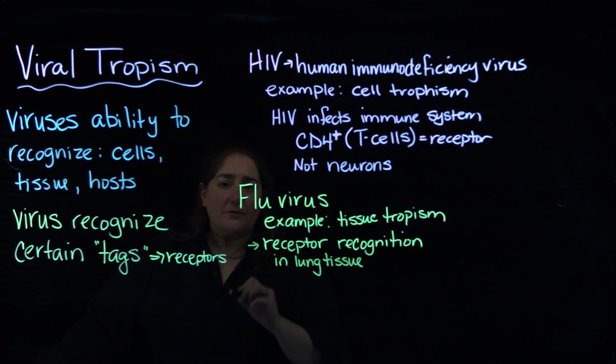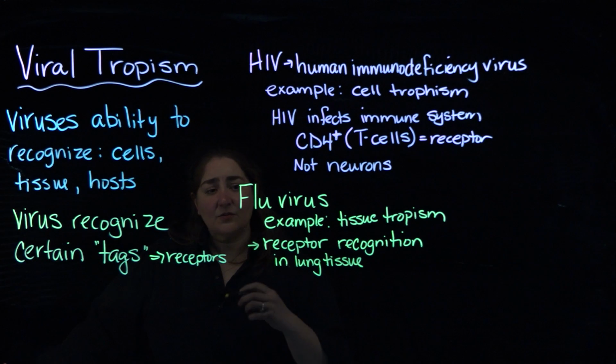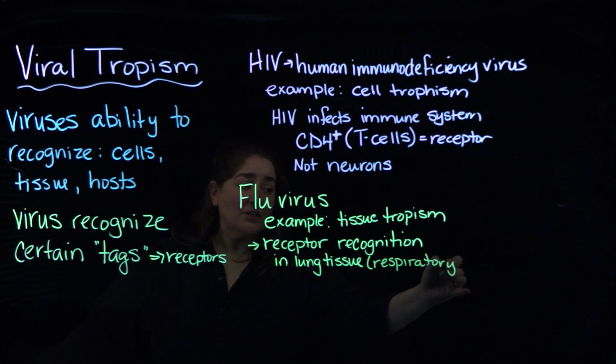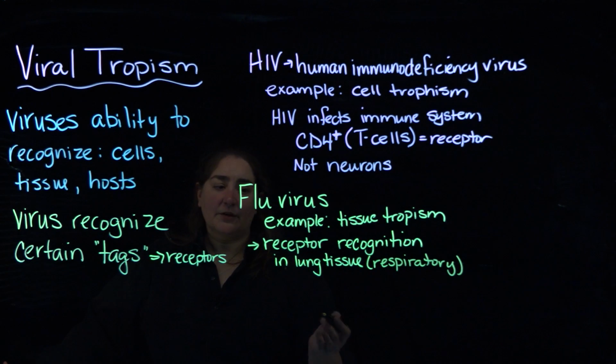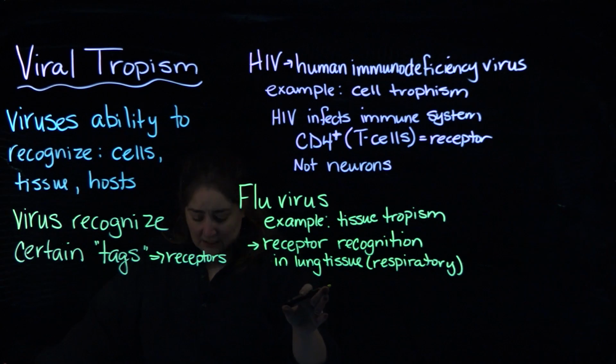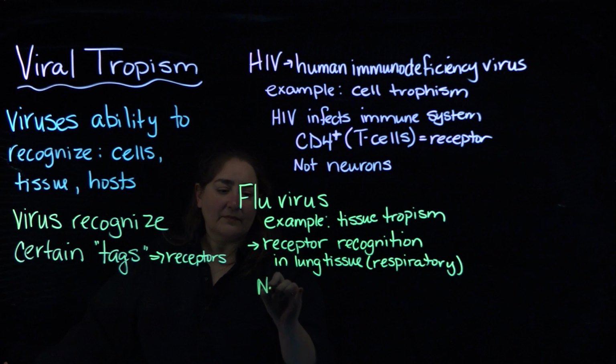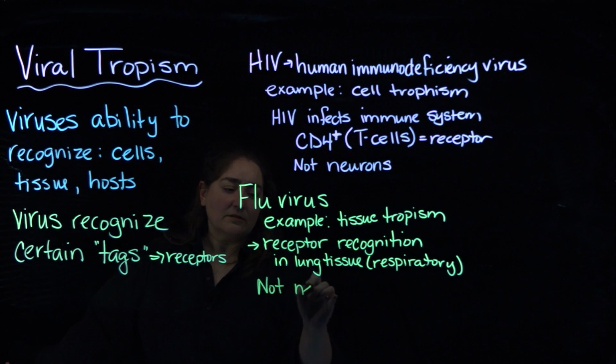So the flu virus specifically is going to infect cells associated with the respiratory system. And that's what makes you miserable when you end up with the flu virus, is it infects the lung, it infects the epithelium associated with the mucous membranes, and that makes you sick, all right? But again, that receptor is not found in neurons.